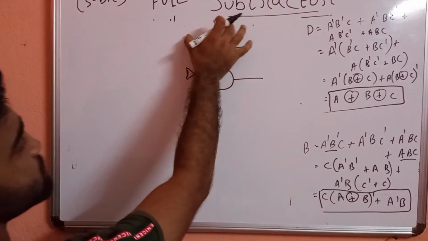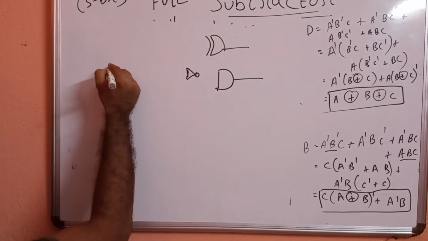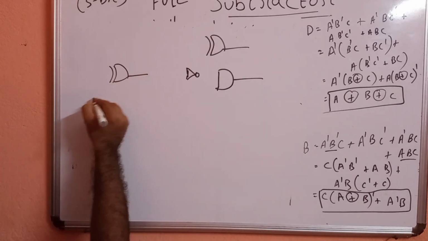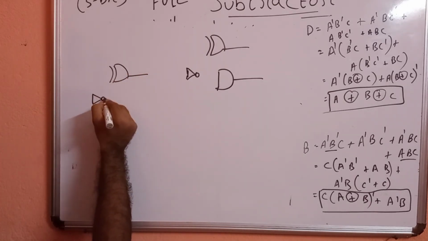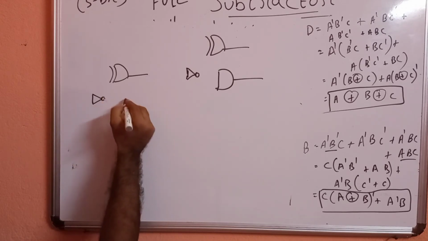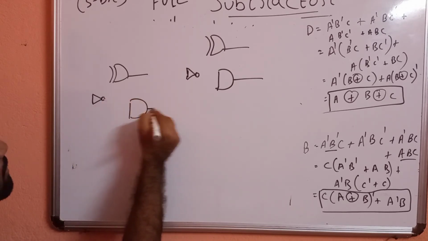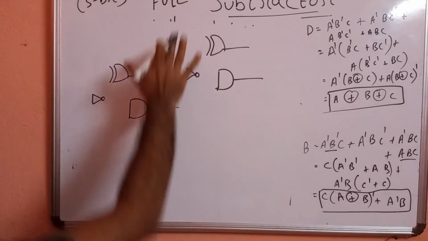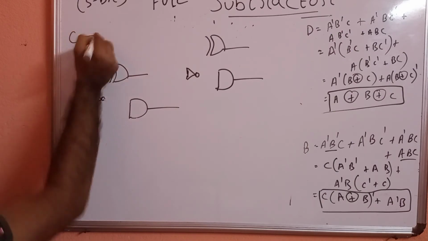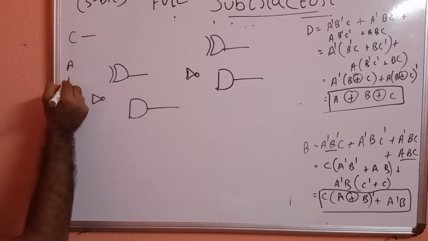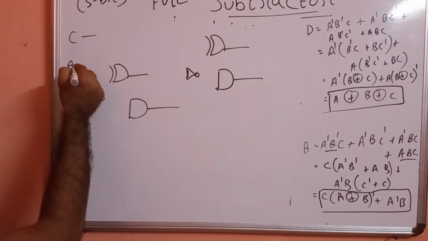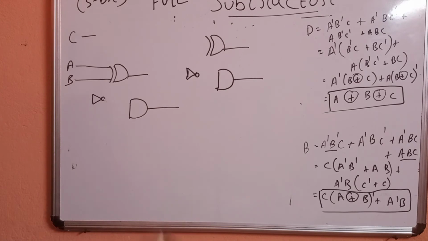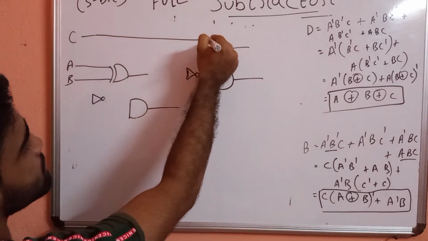So this is one half subtractor. Now we will draw another half subtractor over here. This is a half subtractor, this is NOT, and this is AND, right? Now we have to draw the inputs. There is one input called C, another input called A, and another input called B. From here we will draw A and B over here, and C over here.